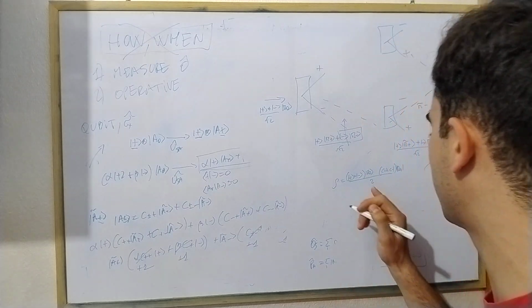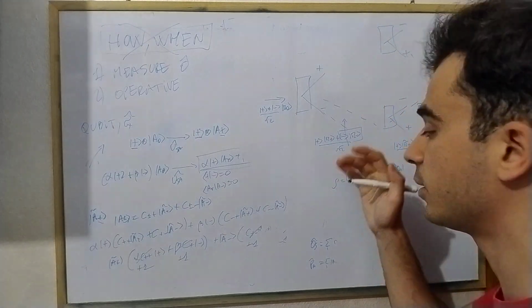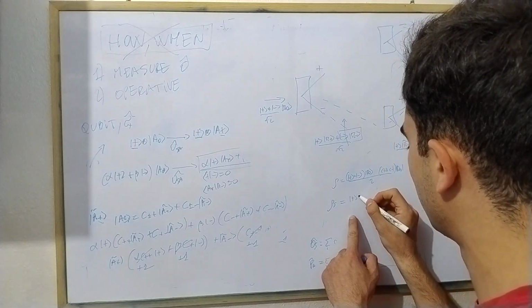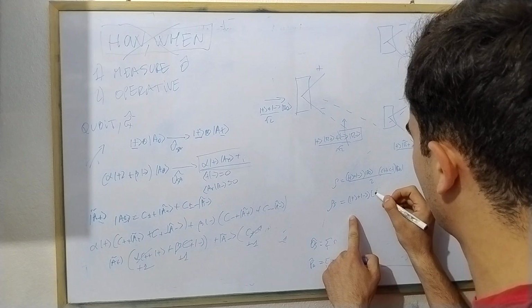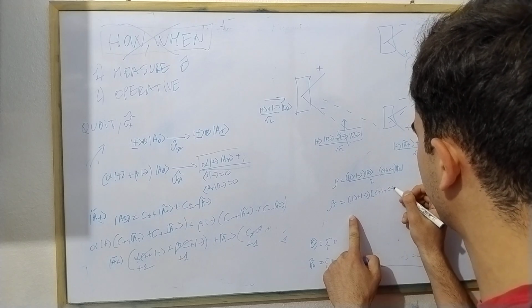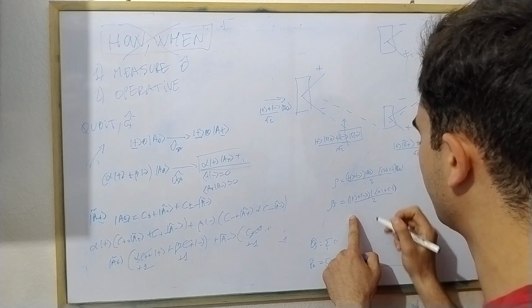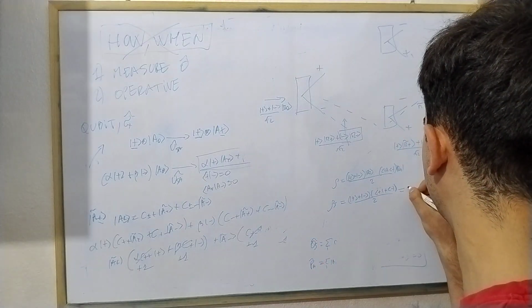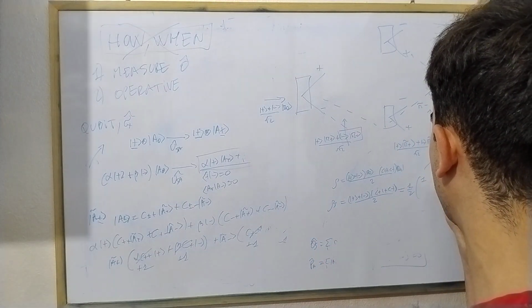And as the state is separable, the reduced density matrix of the system will be just plus, plus minus, plus, plus minus over 2. And this has all the combinations between plus and minus, so it is a matrix that has 1, 1, 1, 1.